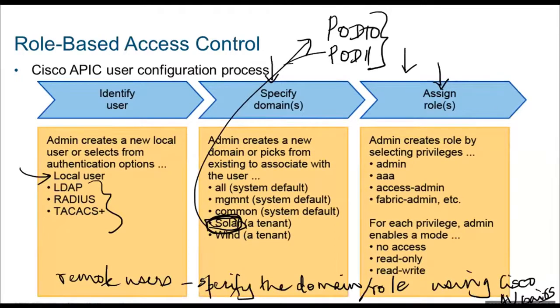We saw the three default ones. All, that's the entire fabric. Infrastructure is the infrastructure domain or the infrastructure tenant. And then we have management, which provides access to the management tenant.